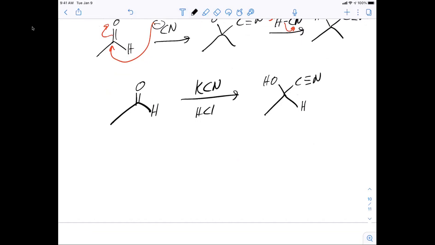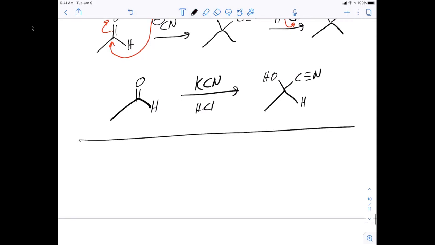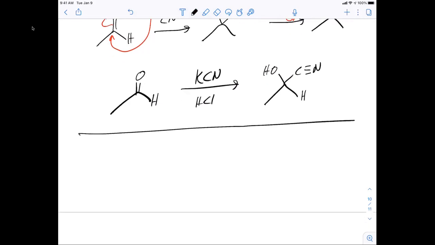Now, the thing about the cyanide is that it happens biologically. There are cyanides, not hydrogen cyanide, that'll kill you, but there are molecules that have cyano groups on them. It also turns out these can be really useful synthetically in two ways. One is reduction of the nitrile.